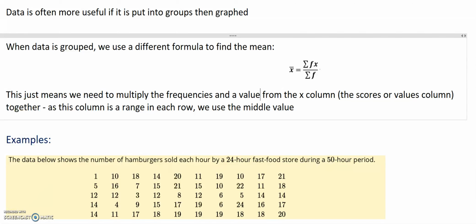So what we're going to look at today is specifically grouped data and how we're going to use the grouped data to create a frequency table and then create a frequency graph, which is the histogram. And then from the histogram, how can we calculate the mean?